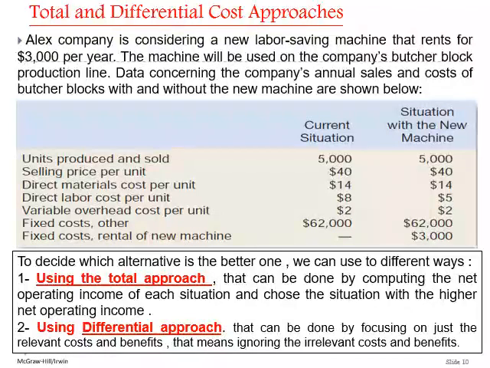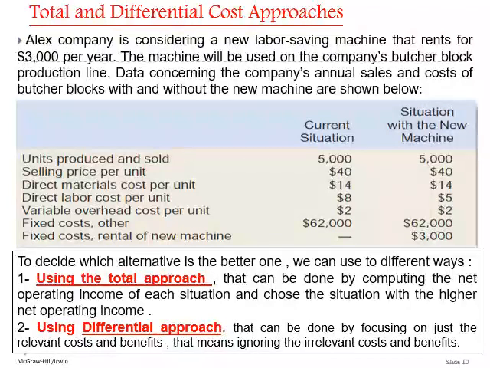Variable overhead cost per unit 2 and 2. Fixed costs, other fixed costs 62,000. Fixed cost, rental of a new machine: for current situation 0, for the proposed situation 3,000.